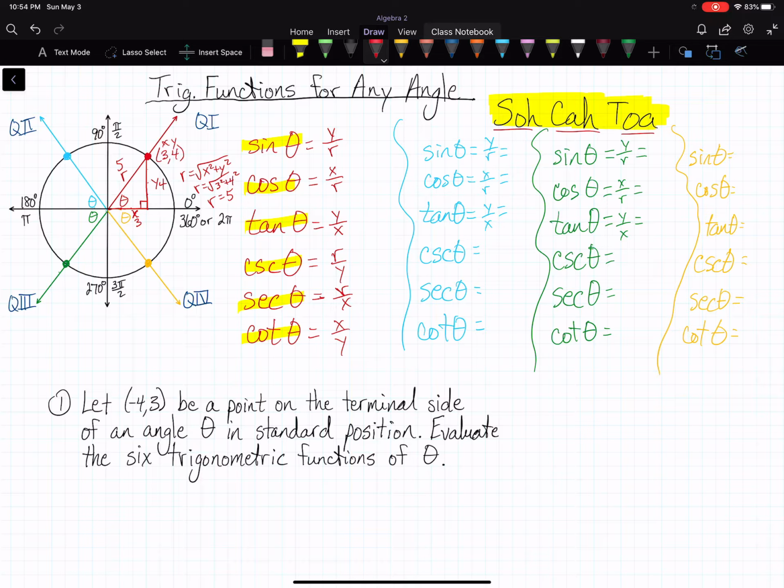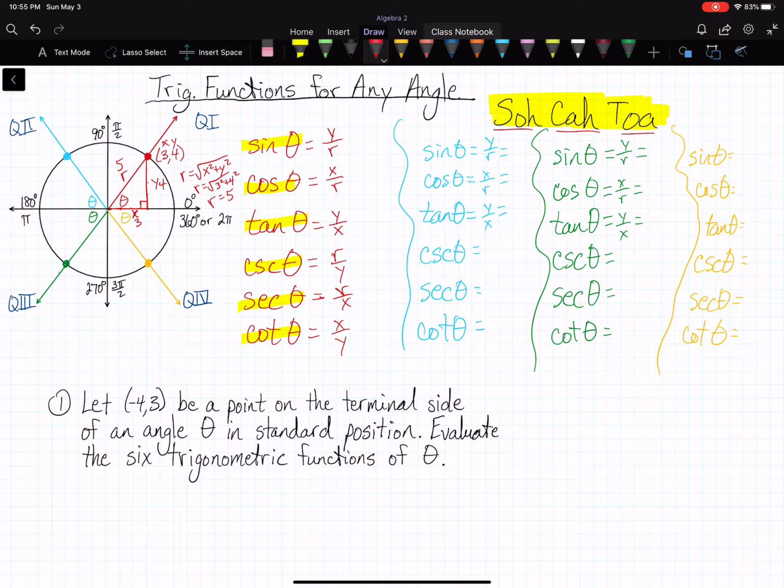That's a very bad example, but kind of Keanu Reeves. Bill and Ted's Excellent Adventure, if you've ever seen that movie. Anyway, that's how I remember it: y over r, x over r, y over x. And then for the other three, you're just flipping them.